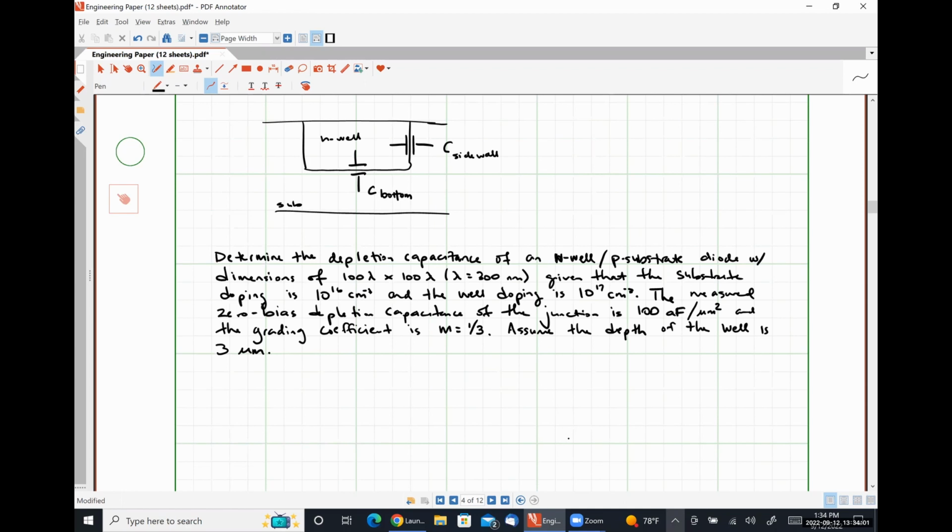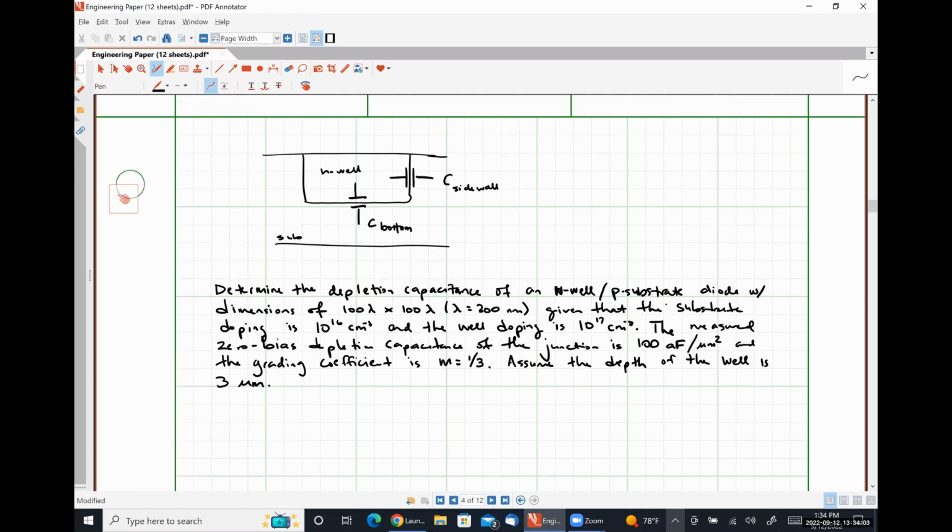All right, so we mentioned what was happening briefly when I drew this kind of picture here, but effectively we have a box, right? The bottom of the box forms some capacitance, and then the perimeter of the box also forms a capacitance because all of that surface exists as a PN junction, right?